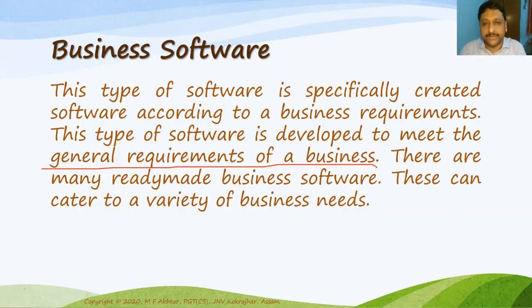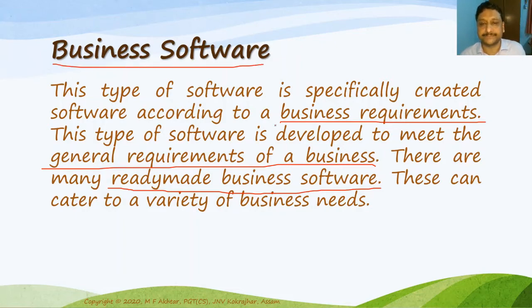What is the profit? What is the loss? Keeping all these requirements, software is developed for general purpose. These ready-made business softwares are available, and one can purchase those software for their business requirements. That type of software is known as business software.